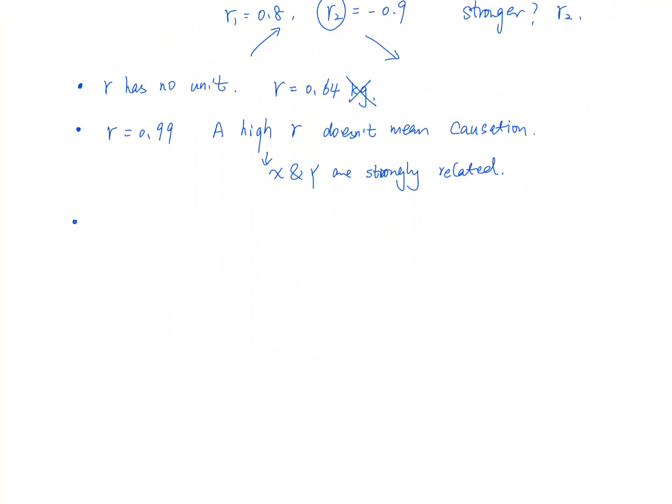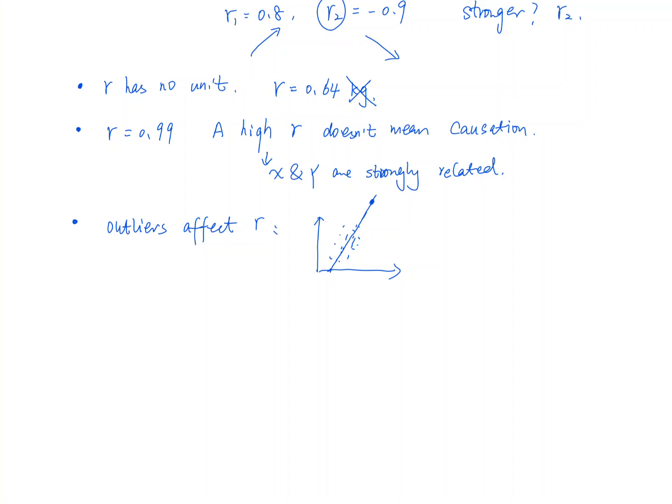And the last one we want to talk about for the correlation is the effect of outliers. We say the outliers will affect the correlation. So we have two cases. For example, I have these points, and based on these points, I have a regression line. Then I have an outlier far away here.